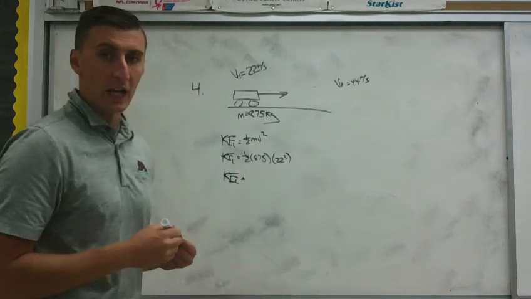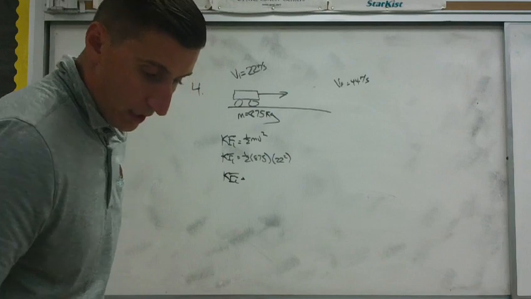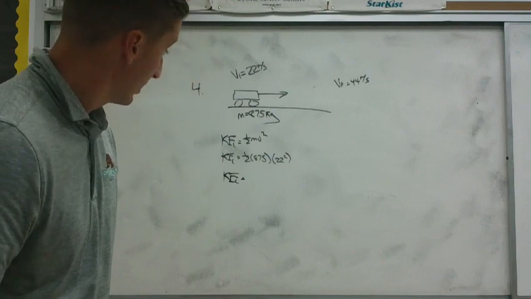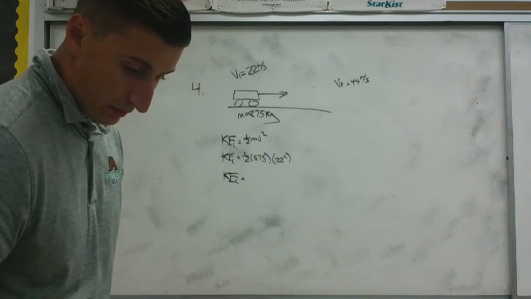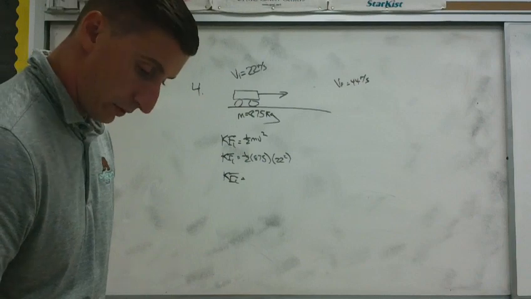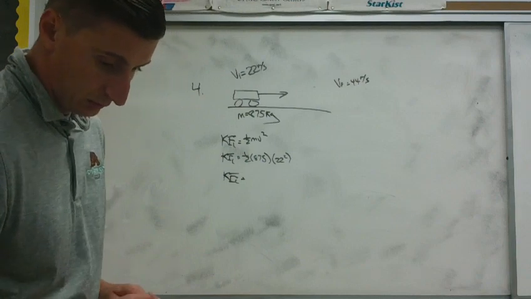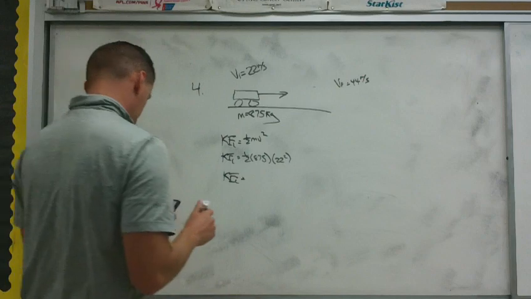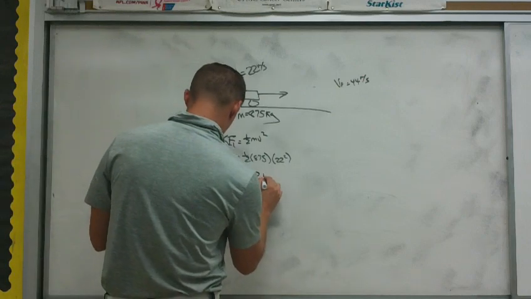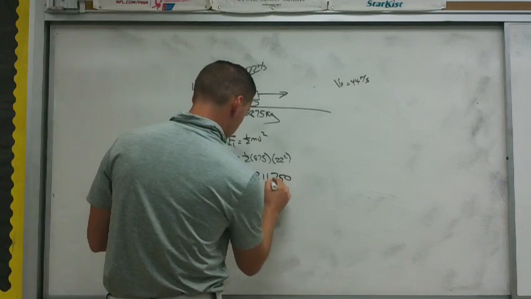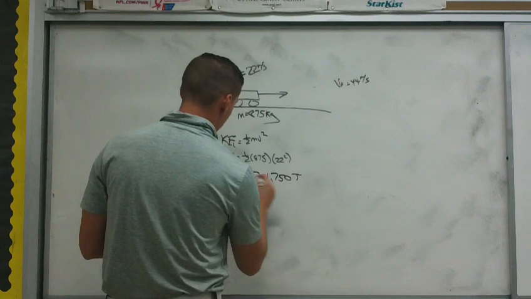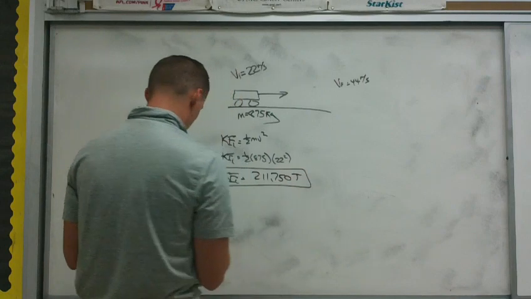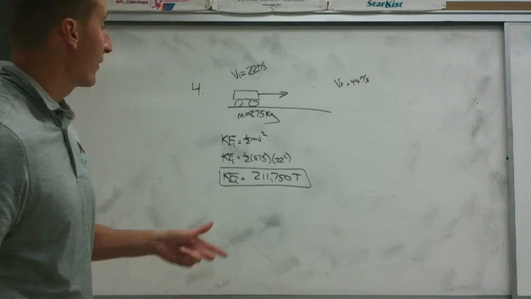So I do in my calculator 22 squared times 875 times 0.5, and I get 211,750 joules.